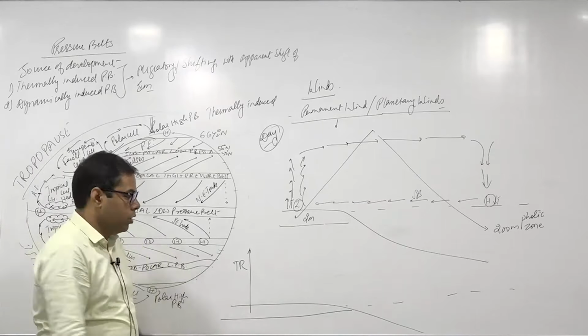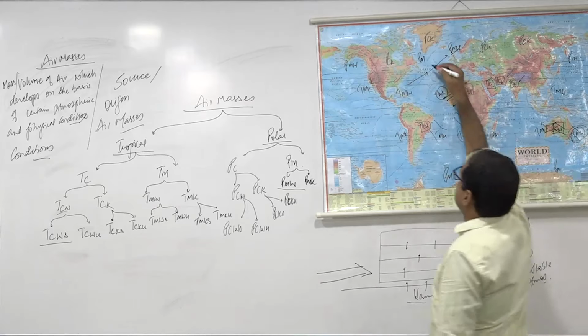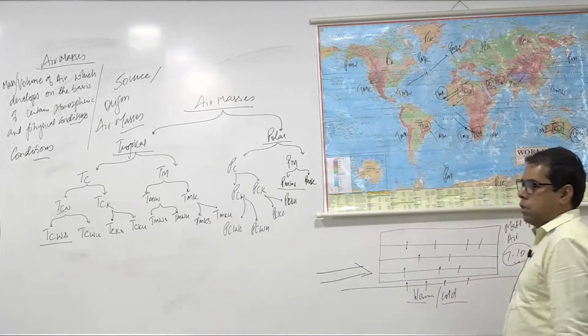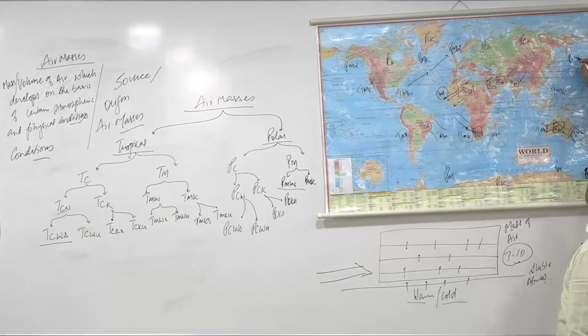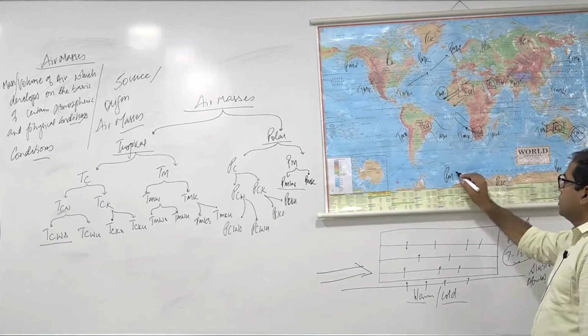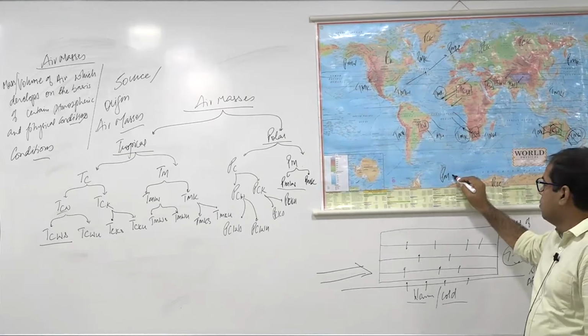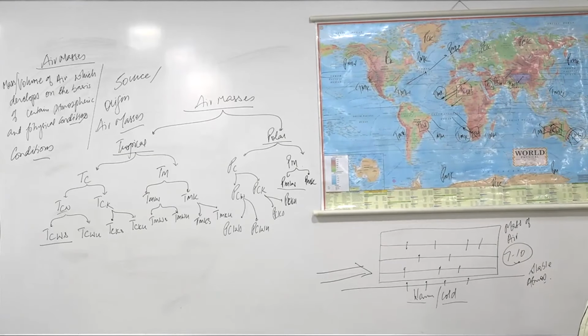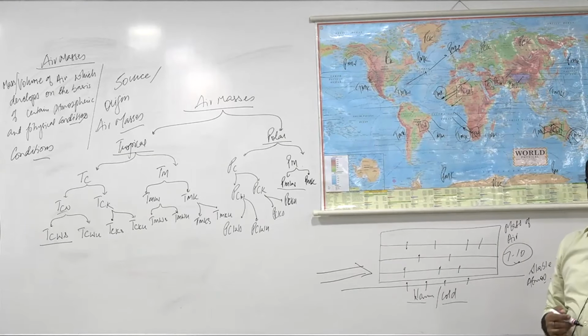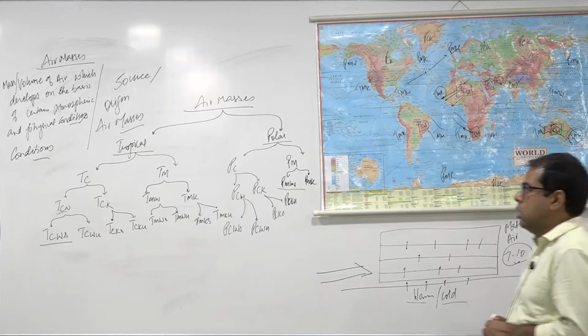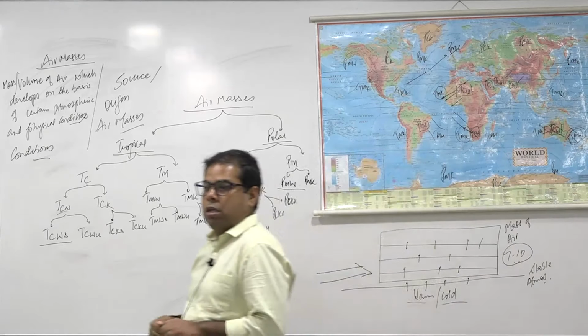So this is polar maritime warm. Polar maritime cold, Labrador current, Ohio current, polar maritime cold. This circumference of west wind current, polar maritime cold, circumantarctic current, west wind current, they are polar maritime cold.